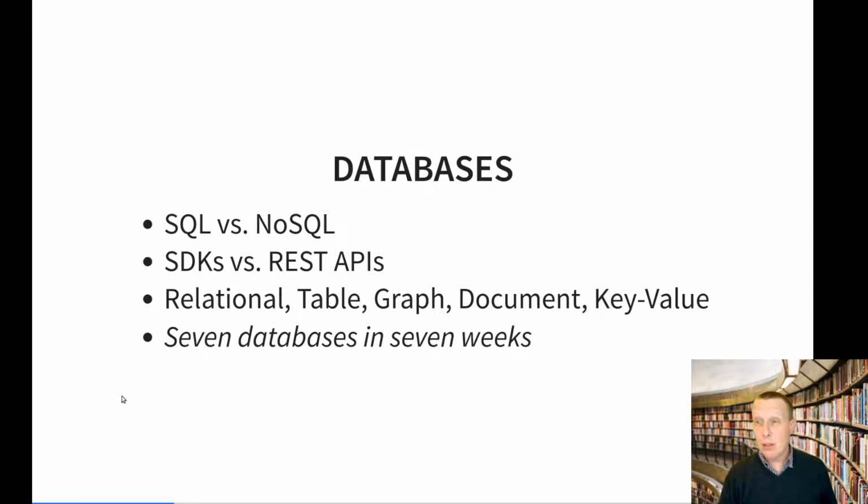We have document stores, key value stores, in-memory databases, and so on. Plenty of different things. If you want a good quick overview of databases, there's a book called Seven Databases in Seven Weeks, which gives a good introduction to a lot of different types of databases.